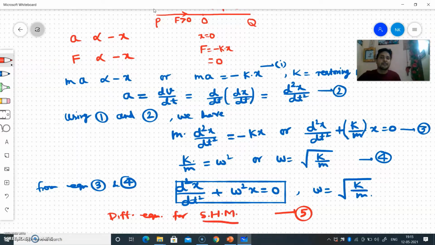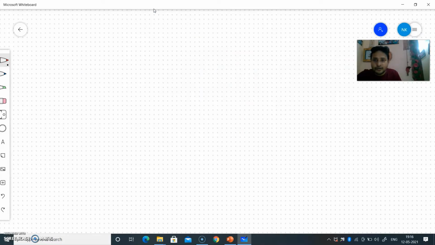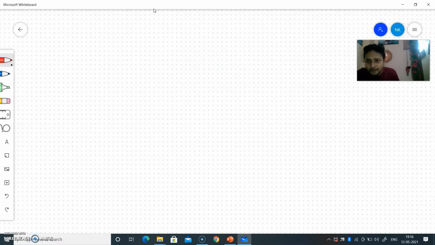If you find any such equation, one can assume that the particle or object is executing simple harmonic motion. So let's find its solution of equation number 5.